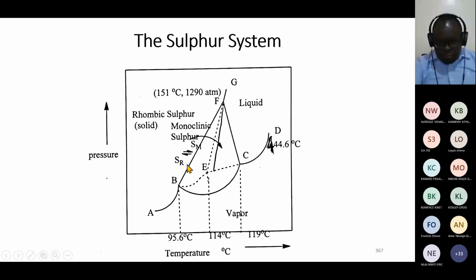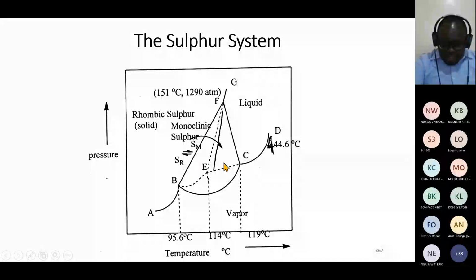So if you're considering this plot of pressure against temperature for sulfur, there are several phases involved here. This particular region here represents the region for rhombic sulfur.